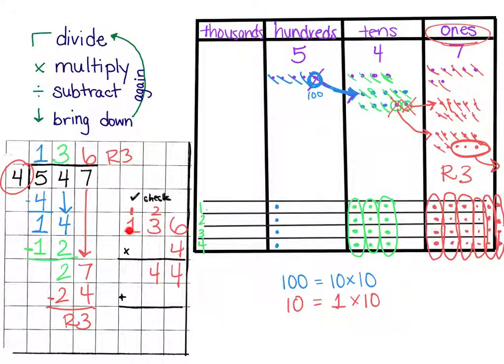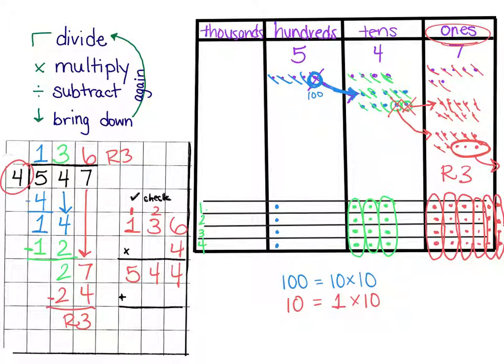And then we say 1 times 4 is 4, plus 1 is 5. 544. Now that is not equal to this because we still have to add our remainder of 3.